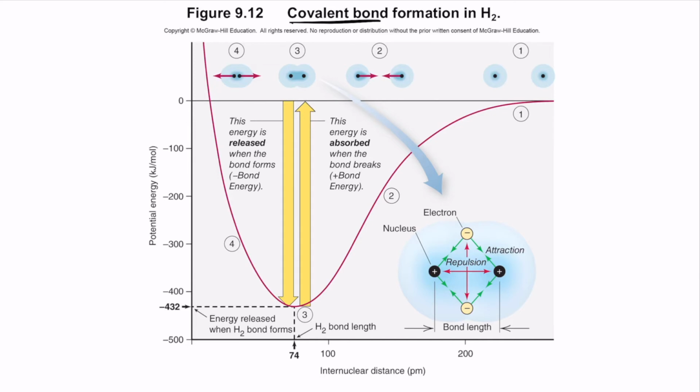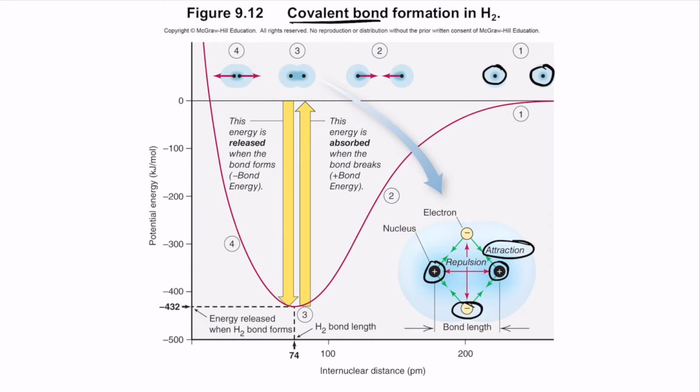The idea inside a covalent bond is that you have two atoms, two nonmetals, that come closer and closer to each other. As they come closer and closer, you notice that there is repulsion between the positive charges, and there is also attraction between the negative and the positive charges.